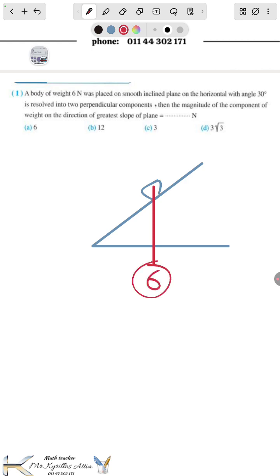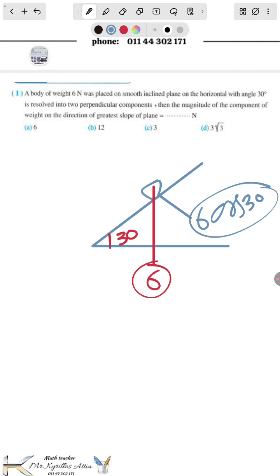The plane makes 30 degrees with the horizontal, and the weight is resolved into perpendicular components: 6 cosine 30 and 6 sine 30. We need 6 sine 30, which equals 3.